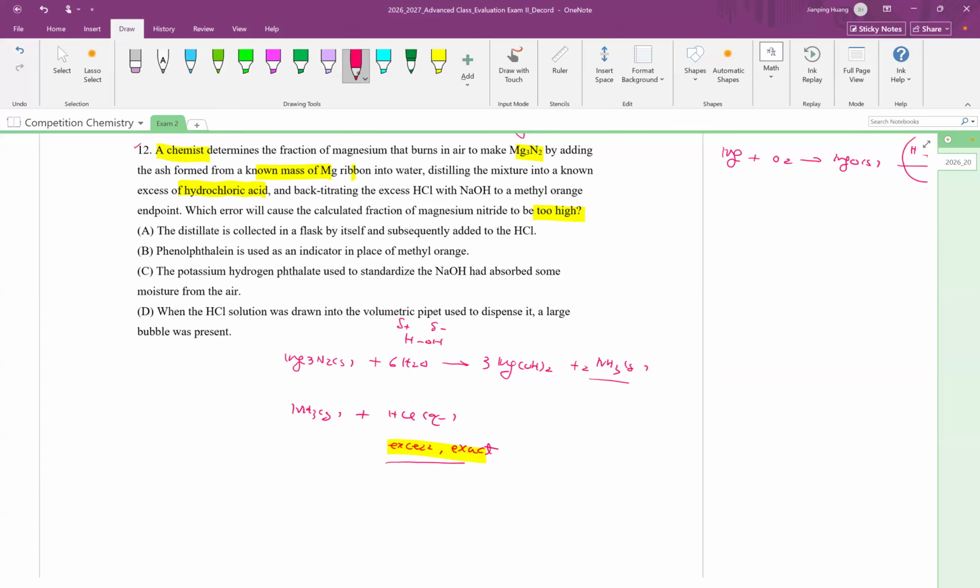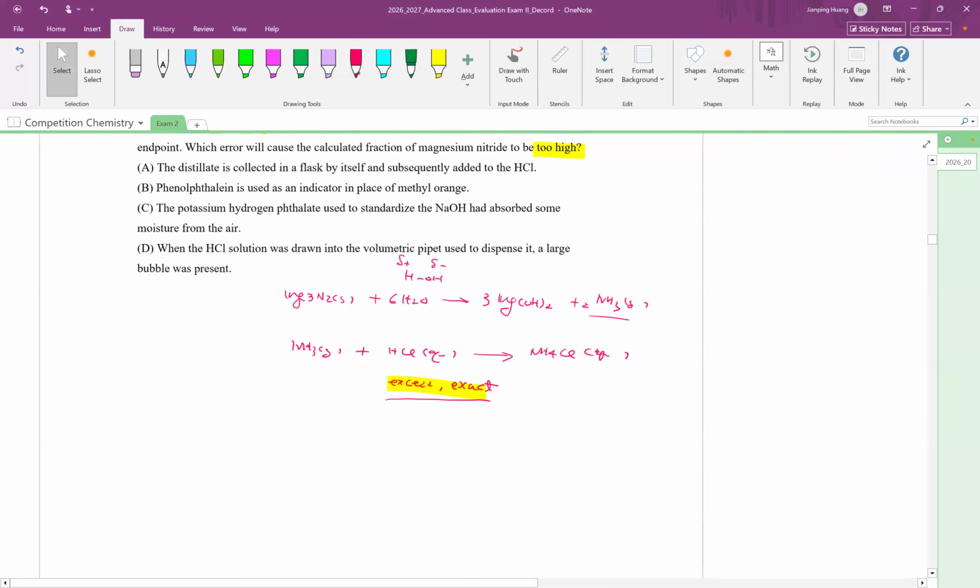Because this one is the excess, and this one is exact; it is the limiting agent, right? So then we use what? We use a base to do the back titration. Very nice. Also, you did this in the reagent lab. So you get what? You get the ammonium chloride. Now, because HCl is in excess and this one is exact, we use back titration. Back titration of what? It is HCl.